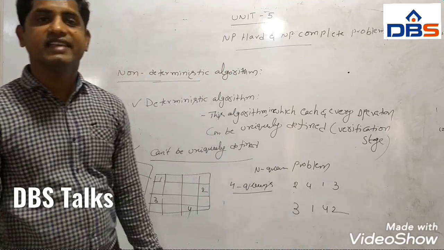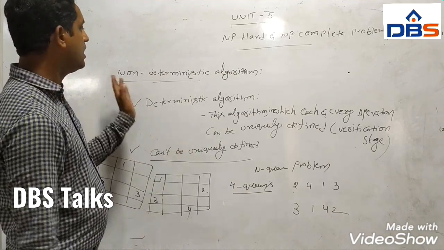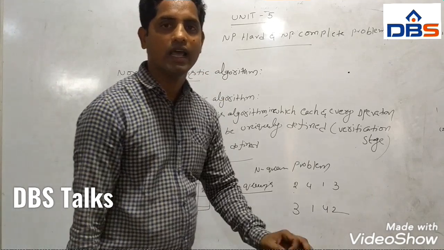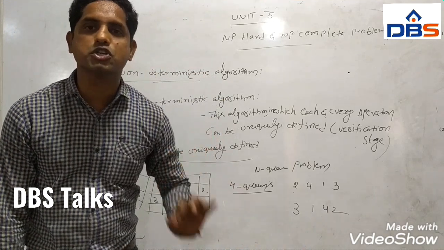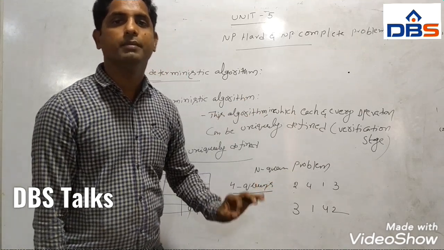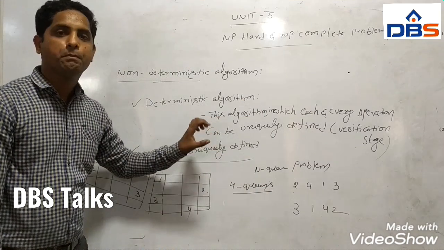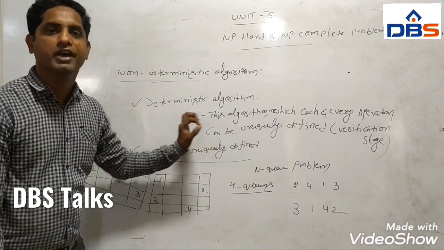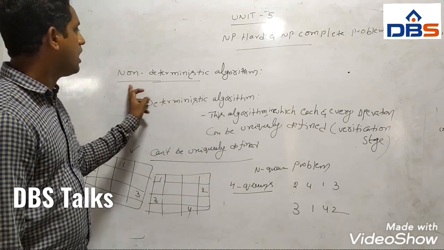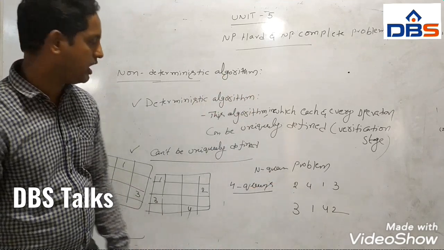These are the set of different possibilities, that is called a non-deterministic algorithm, and also we can say it is called an intractable function. That means there is no particular rule to perform a particular operation, and it is also called a non-deterministic algorithm or intractable function.